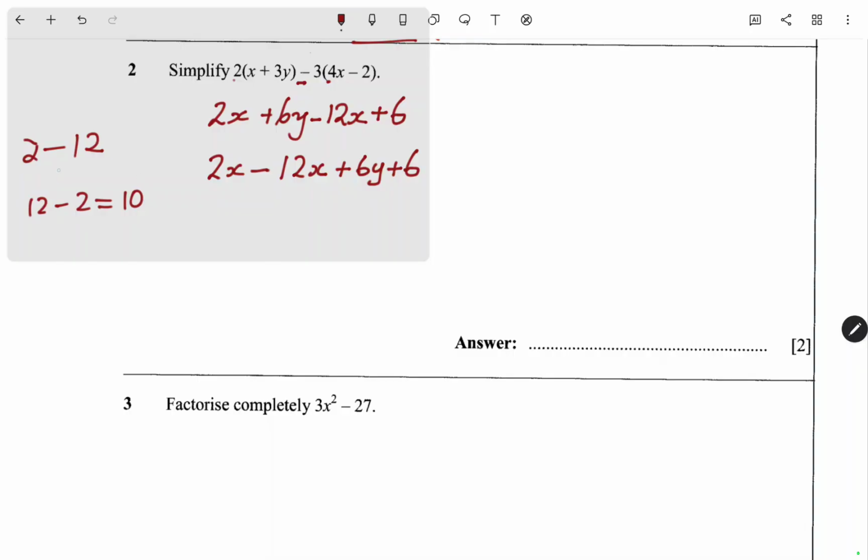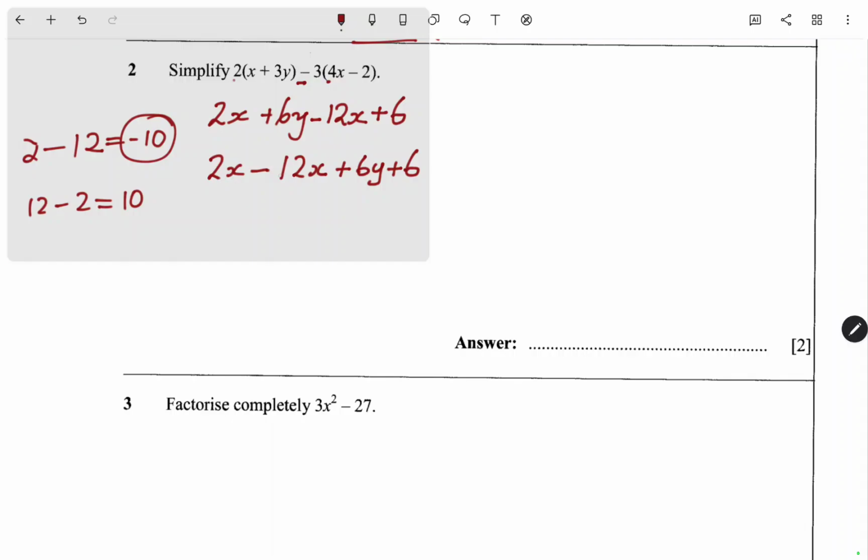But the sign of the big number here, which is 12, is negative. So the answer will be negative 10. So if you have two different signs and they're subtracting, please get the sign of the bigger number.